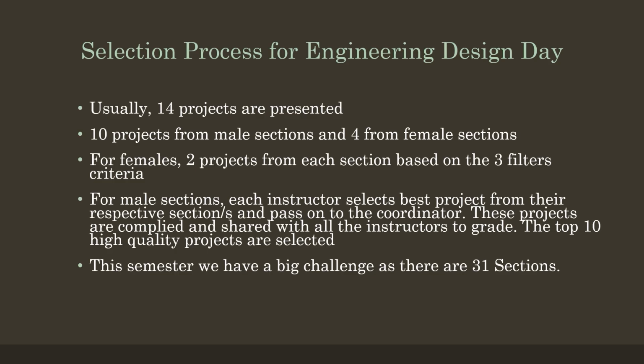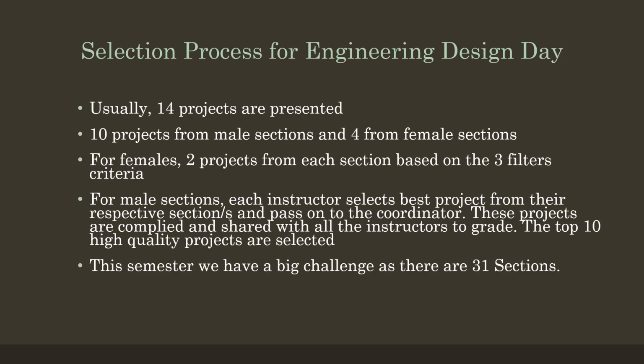Now, at the end of the semester, once all the projects have been presented to the instructors in the classroom on the celebration or final exam day, we are usually asked by the administration to provide about 14 projects to be presented in the aisles down here in our electrical ECE department, because they cannot put more than 14 tables.